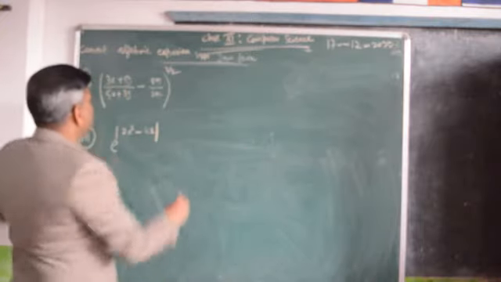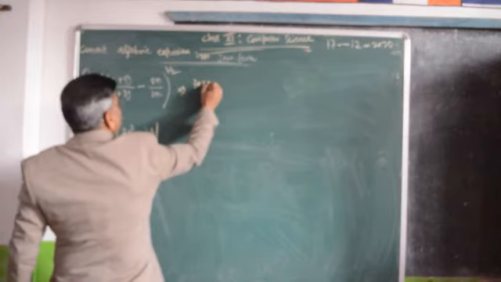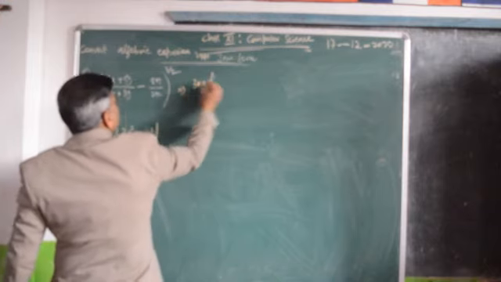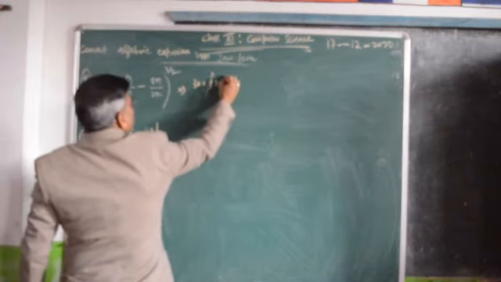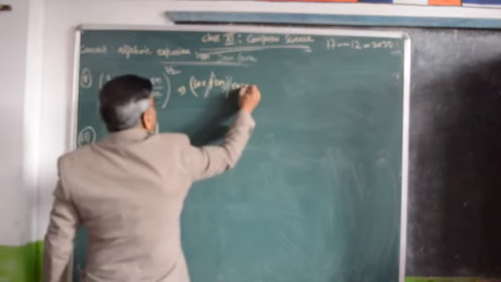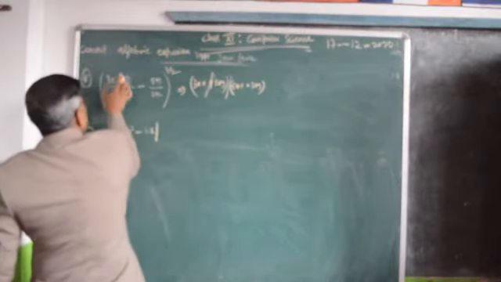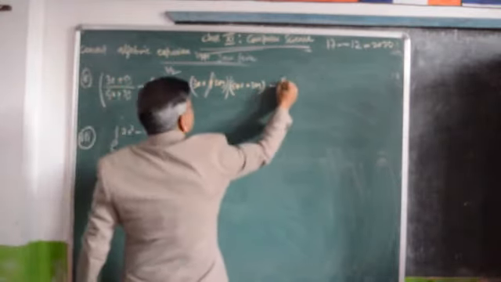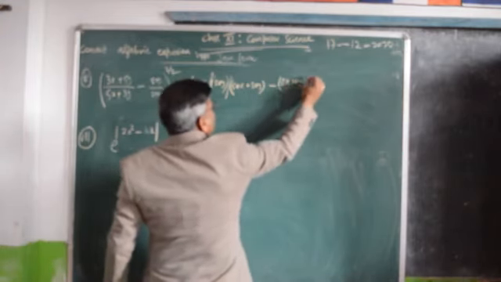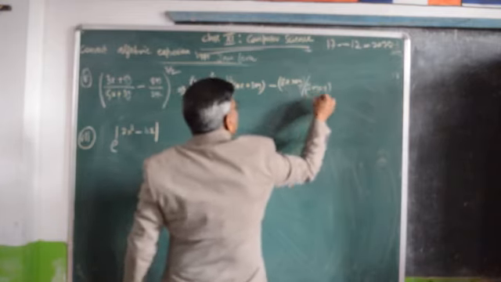First of all, we shall convert this. What we will do is 3 into x divided by, plus 5 into y. What is the denominator? 5 into x plus 3 into y. So this whole divided by this, minus 8 into x into y whole divided by 2 into y into x.